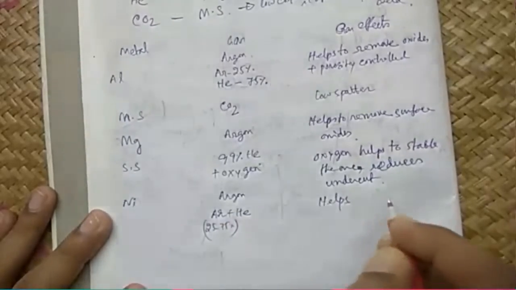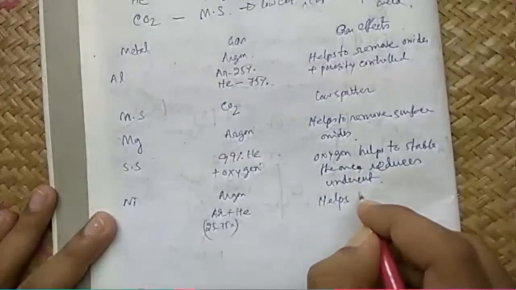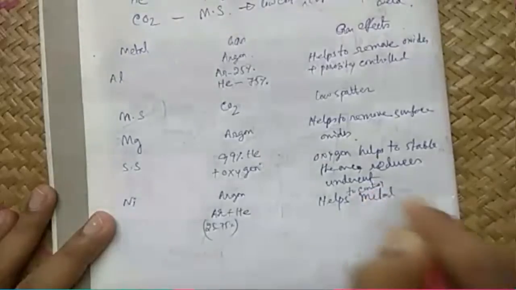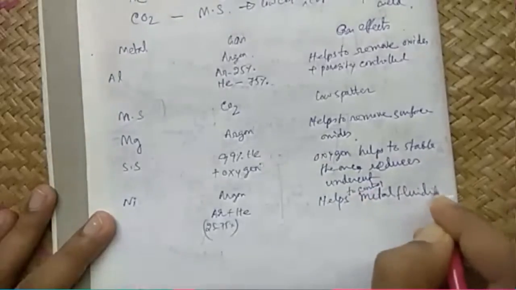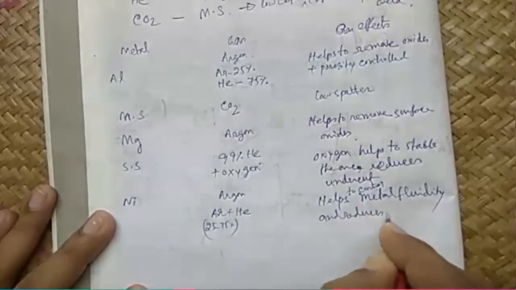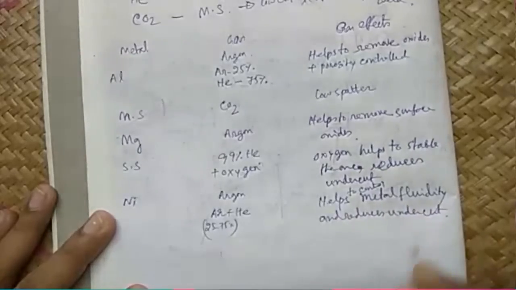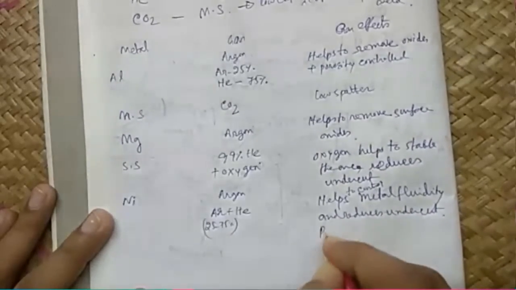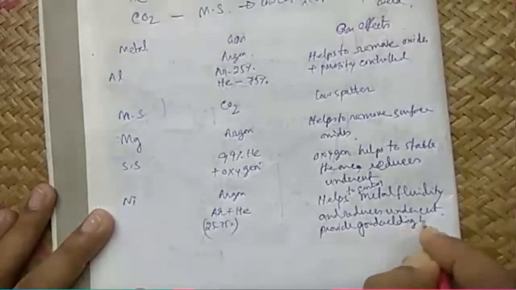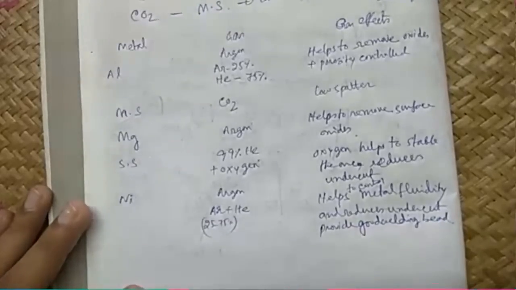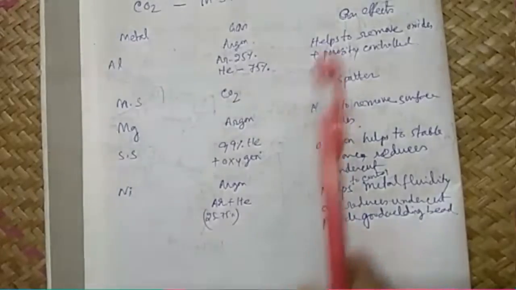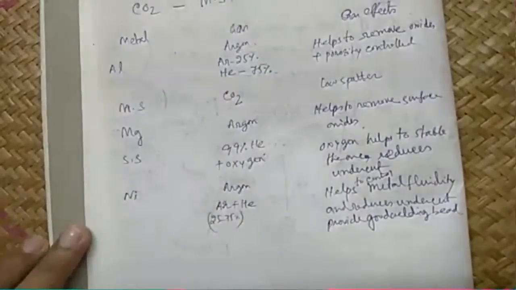This helps to control metal fluidity, reduces undercut and provides a good welding bead. Okay, so these are the reasons why we choose shielding gas, and all these effects have been found out from experiments.